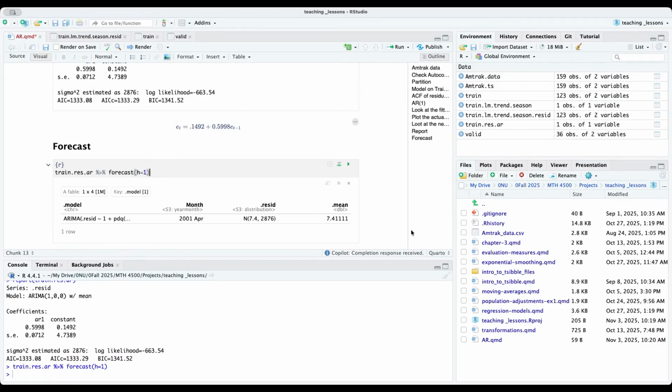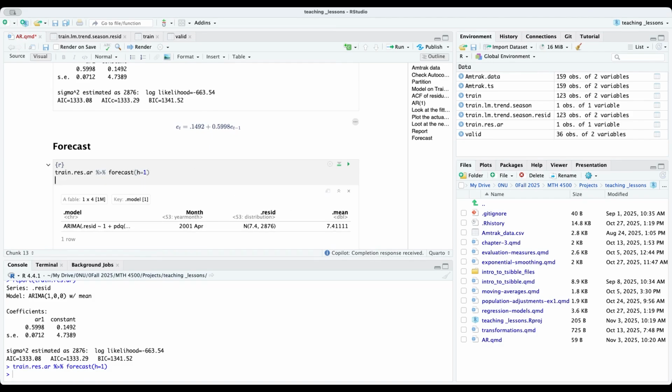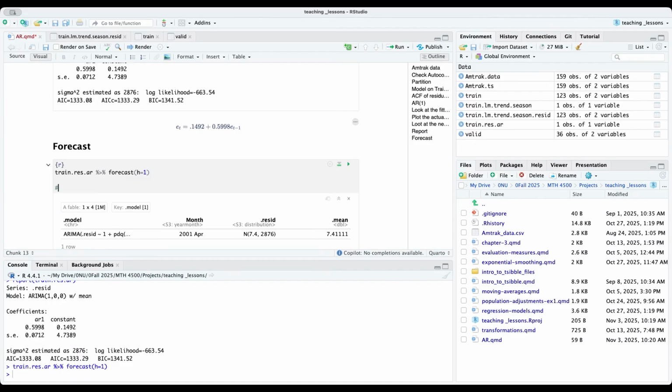So let's look at the residual from trend.lm, trend season.